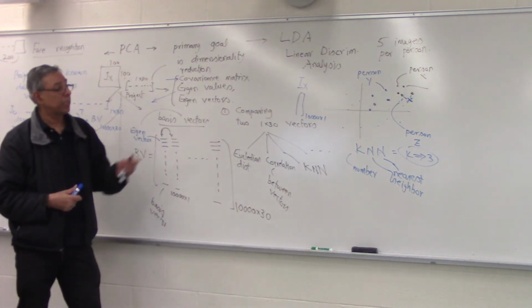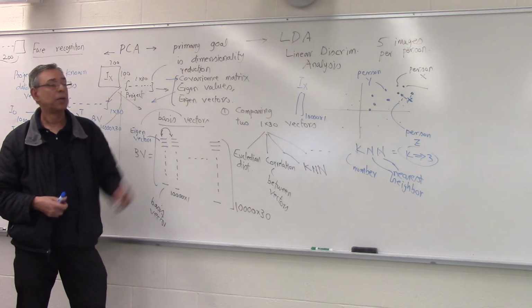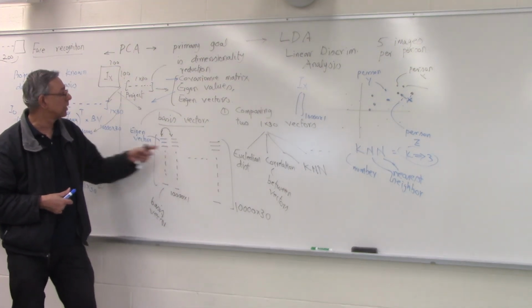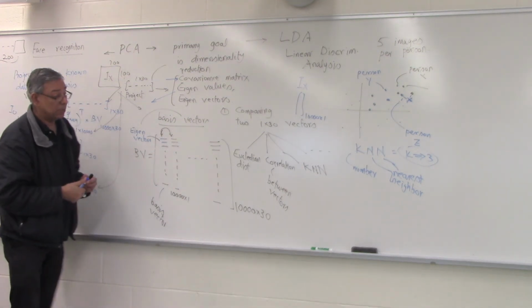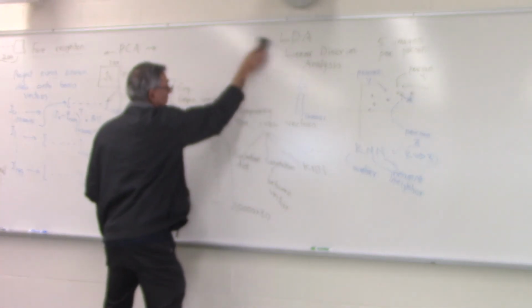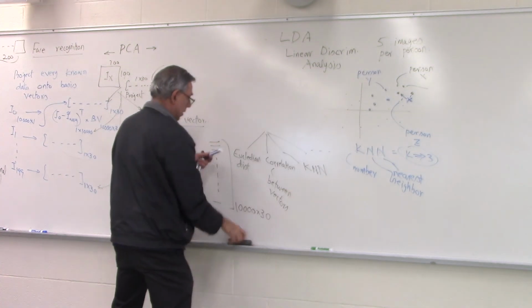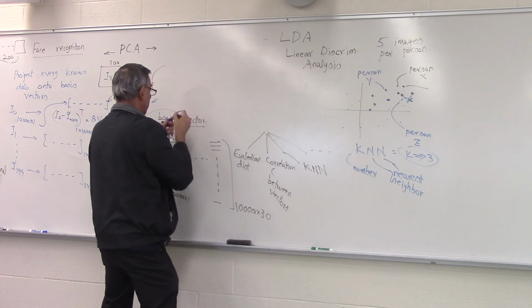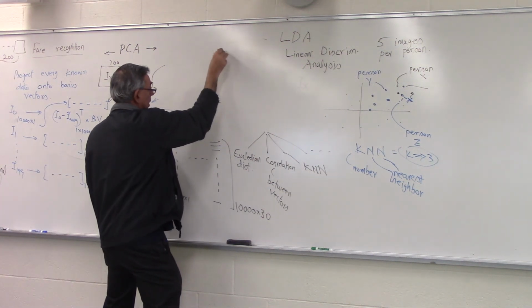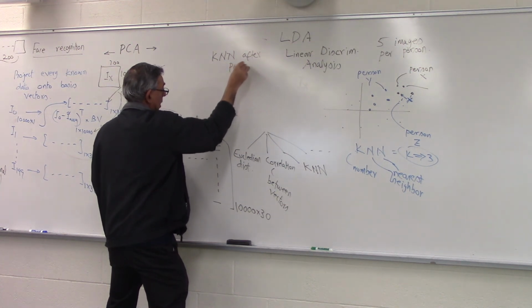So we can do it in the original 10,000 dimensional space, or now let's take a look at the reduced dimensional space. We reduced it to 30 dimensions, right? If we have already applied a PCA to all the stored data, let's look at KNN after PCA.